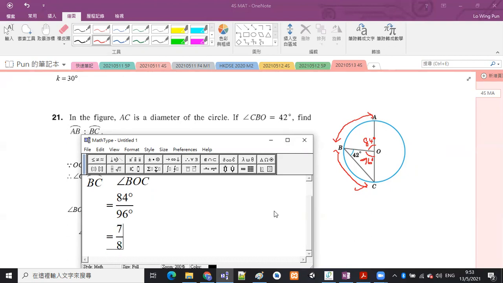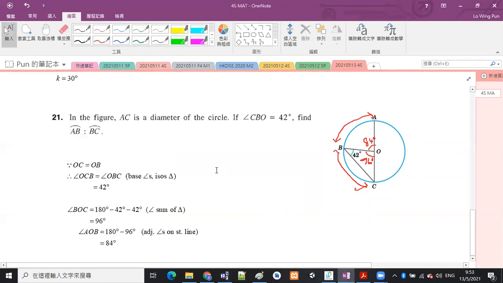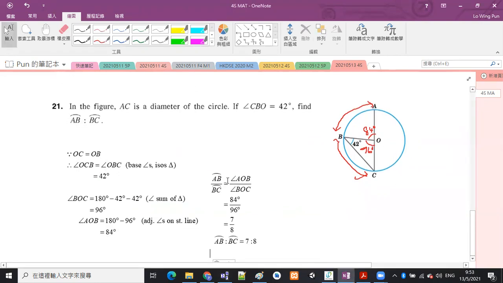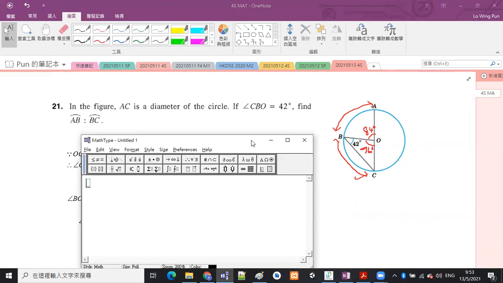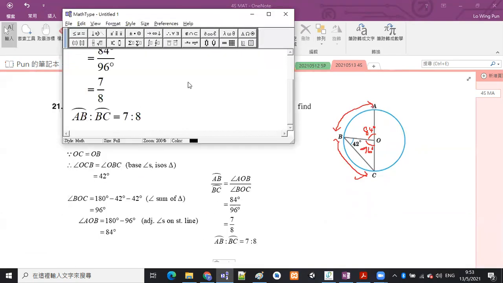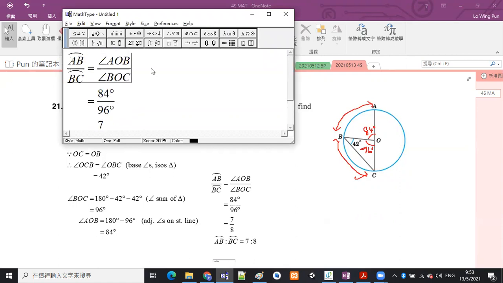Am I correct? Therefore the ratio arc AB to arc BC should be equal to 7 to 8. Wait, I missed out one reason, just one line. This one is arcs proportional to angles at center.